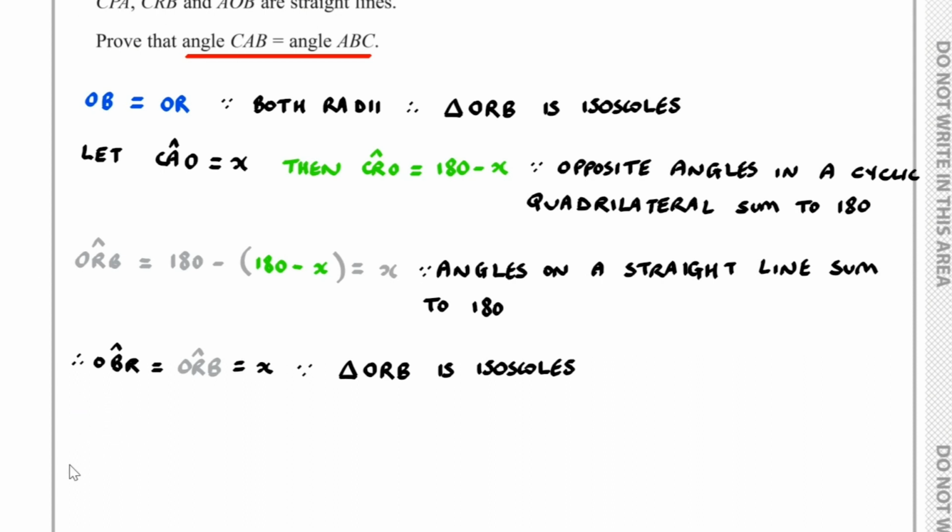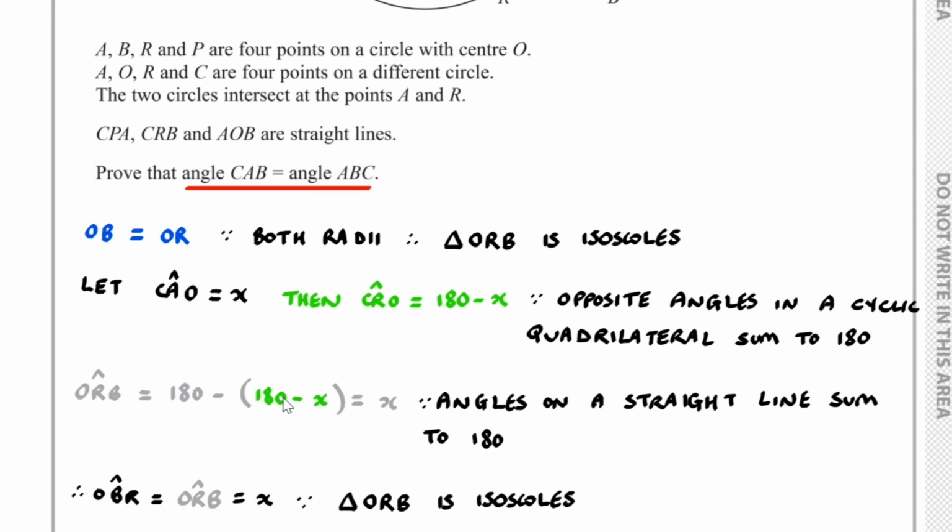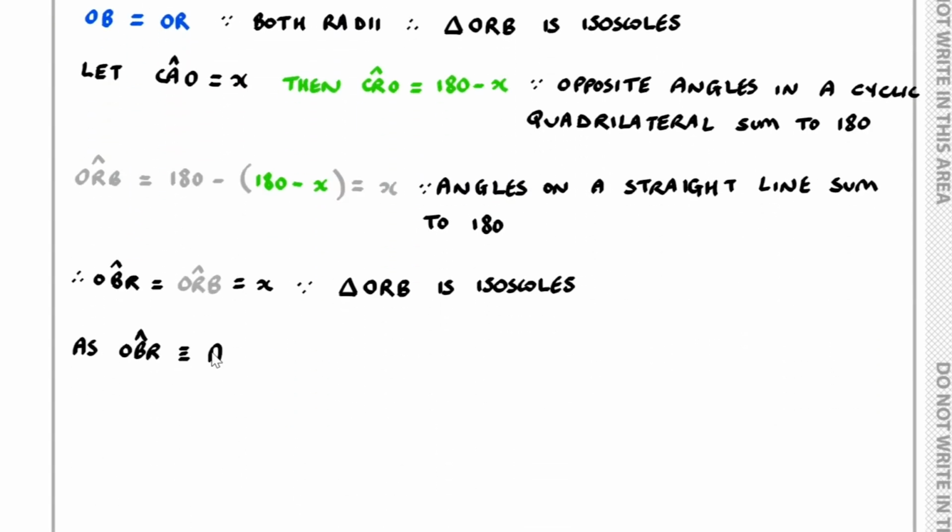From here what we can say is, as OBR is the same thing as the angle ABC, and the angle CAO is the same as CAB, this is from the diagram.